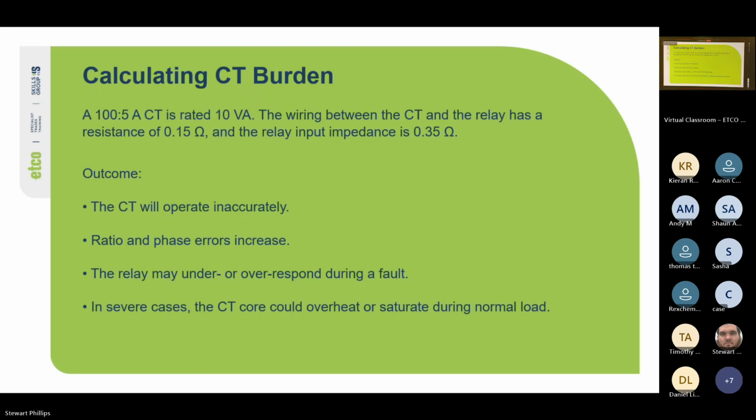Yep, we could use a higher VA rating, but what if we can't get another CT? What are some other options other than changing ratios or changing the VA? Yep, we could look at bigger wiring. We could up the cross section of the cable.